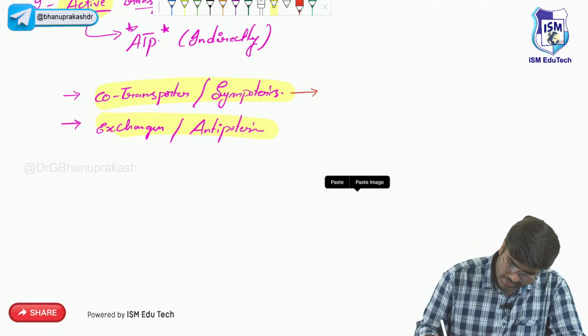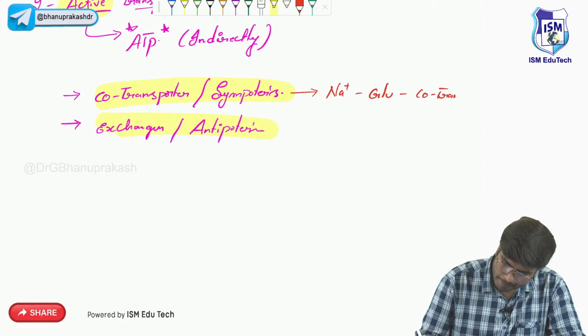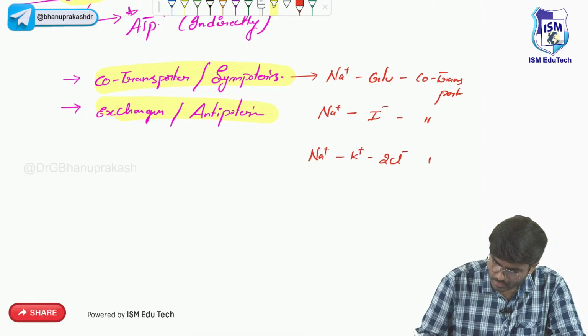The co-transporter examples are sodium-glucose co-transport, sodium-iodide co-transport or symport, and sodium-potassium-2-chloride co-transport.